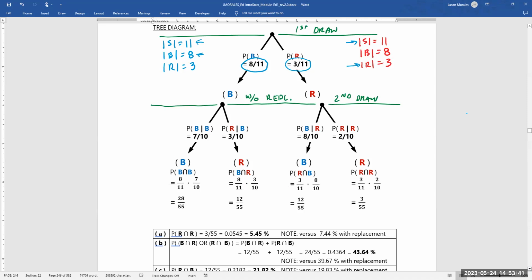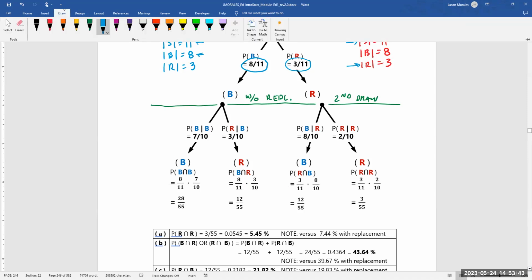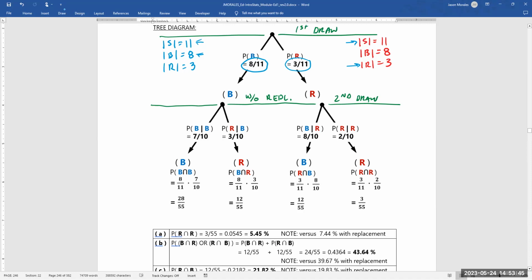So let's look at the left-hand side first, which is the first marble being blue. And so if we look at our sample space, we no longer have 11 marbles in the bag, because now the first one, we're holding on to it. So now we've only got 10 to choose from.